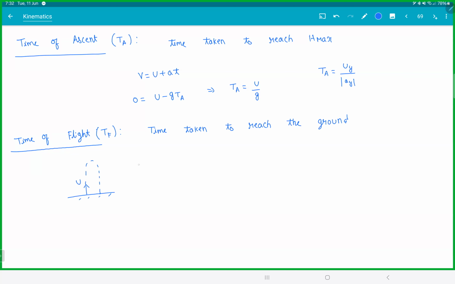If you come back to the same level, the displacement is 0. So using the equation s is equal to ut plus half at square, this is u times time of flight minus half g times time of flight square. We end up with time of flight is 2u by g. A better formula would be 2u_y by a_y.